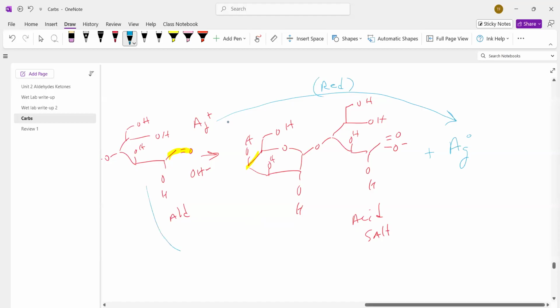And then this is oxidized. So you always have to have both of them going on at the same time. Oxidation, reduction. Okay, so that would be the test I would use to test whether this is a reducing sugar or not. And what happens is this turns into a mirror.